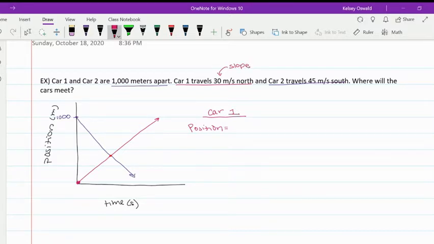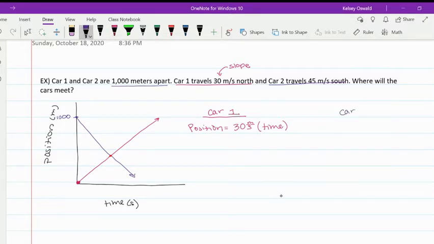So for our equation for car 1, we're going to have a slope of 30 meters per second times our x variable, which in this case is time. Since car 1 starts at the origin, we're not going to have a y-intercept for this guy.